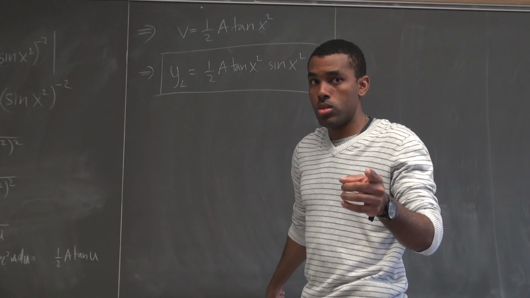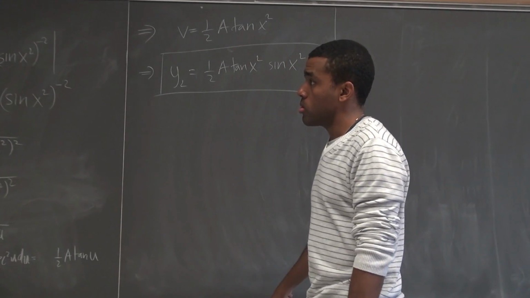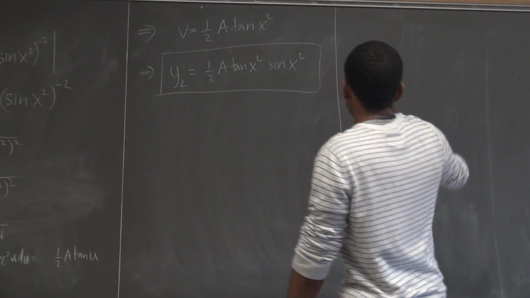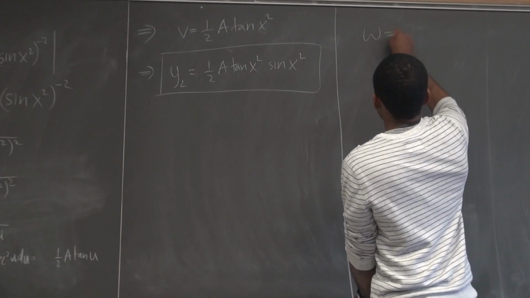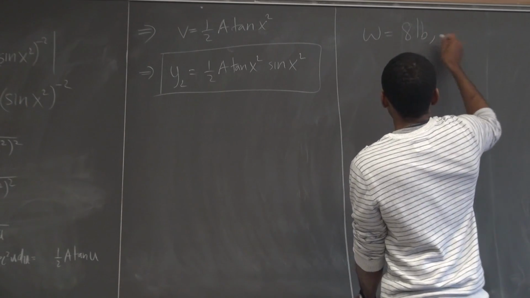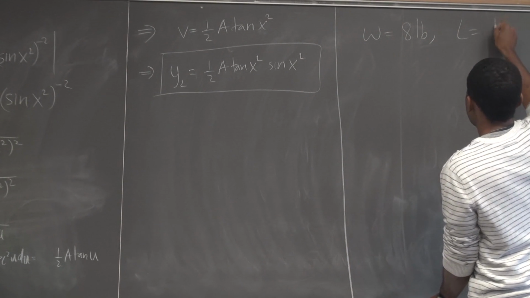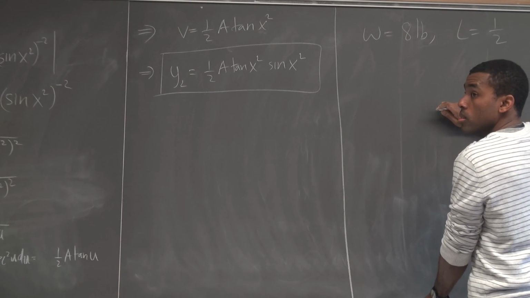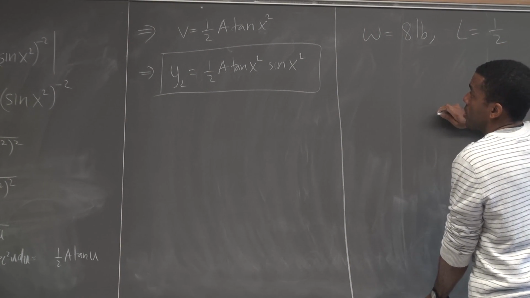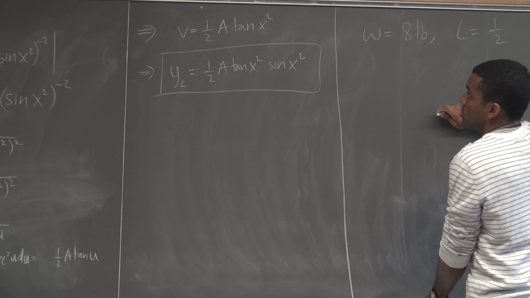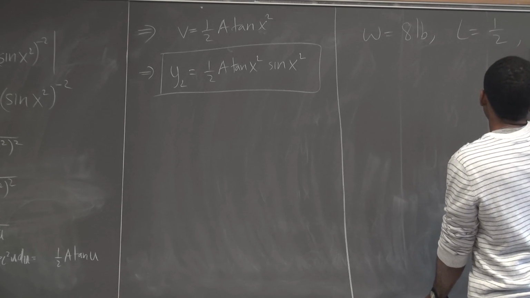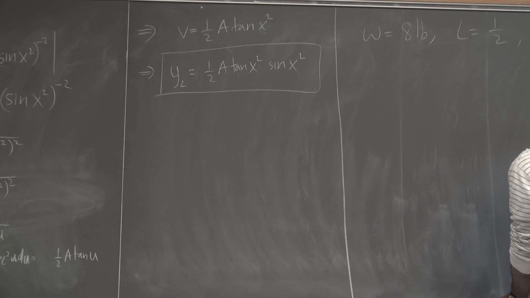From homework, it says a mass that weighs 8 pounds stretches a spring 6 inches. So we have a mass that weighs 8 pounds, stretches 6 inches. I'm going to use feet. And there's an external force of 8 sine 8t.